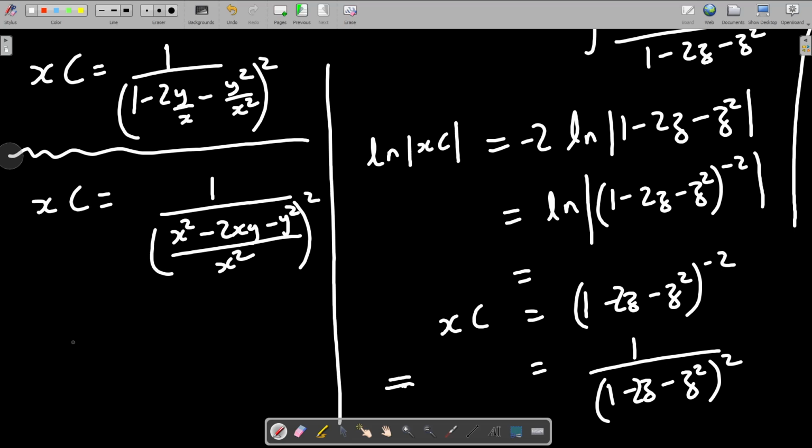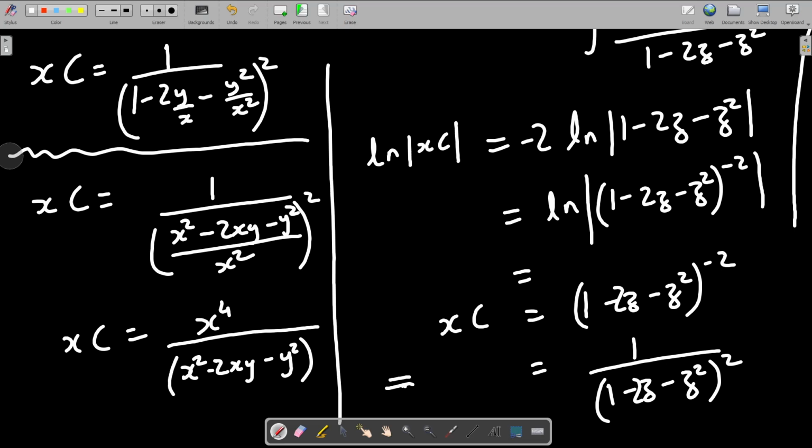x times c. So x times c will become x raised to 4 on top, and the denominator will be left with x square minus 2xy minus y square, the whole square. You can cancel one x over here and write c is equal to x cube by that. So this is your answer.